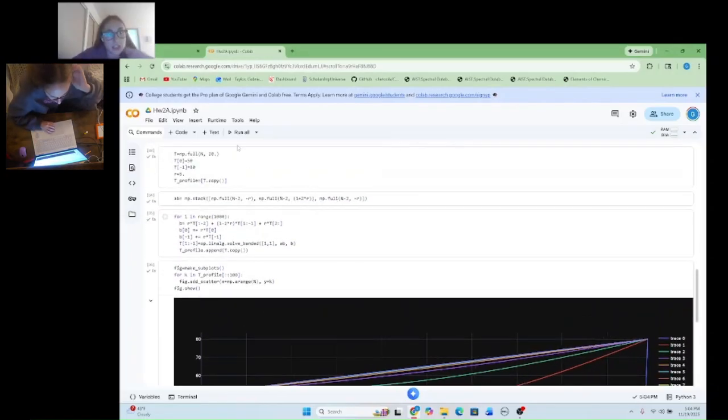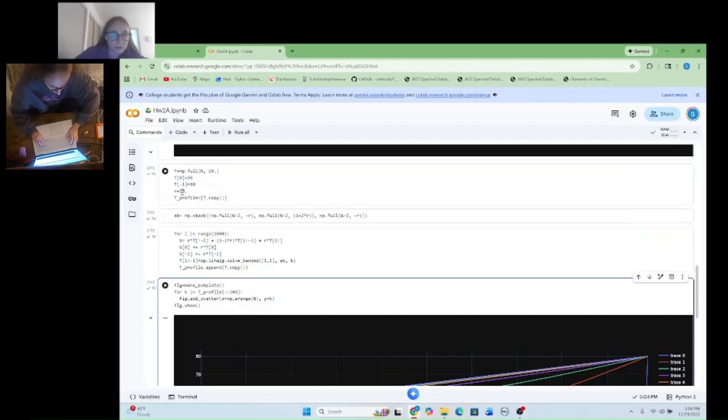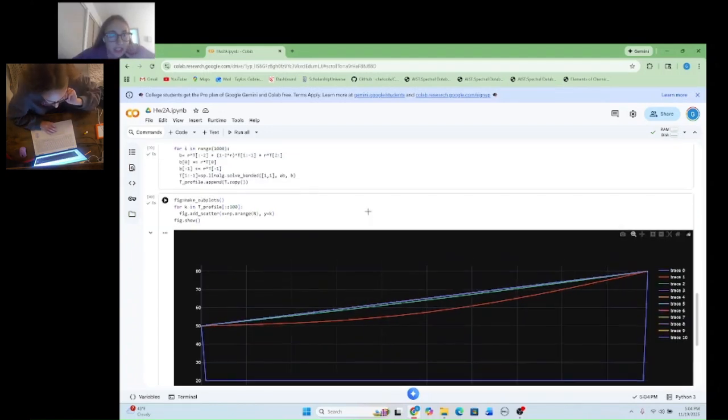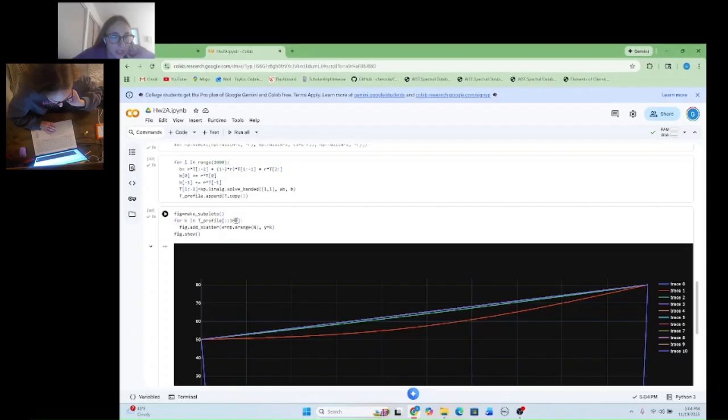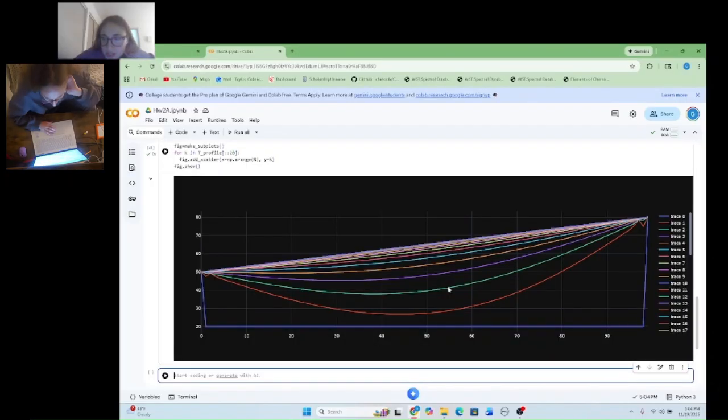So let's change that to 10 then. Okay, so we're at 10. It's changing even more. So I'm going to cut this down to 20, just because it's going so fast. Let's see if we can see anything else. Okay, so now we're seeing something else here. We see this little squiggle.